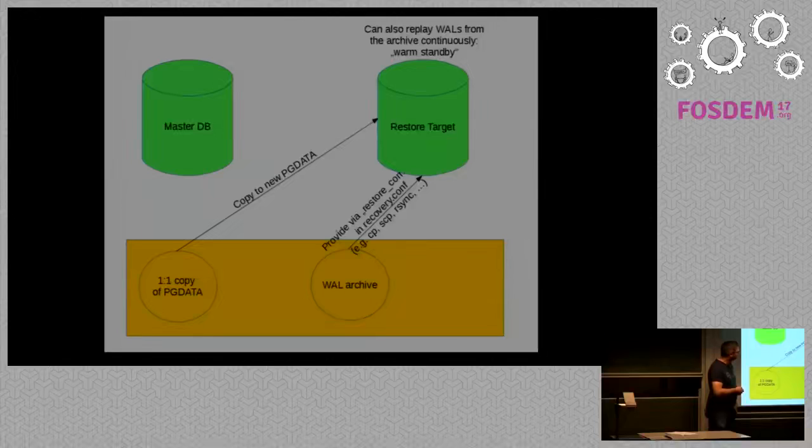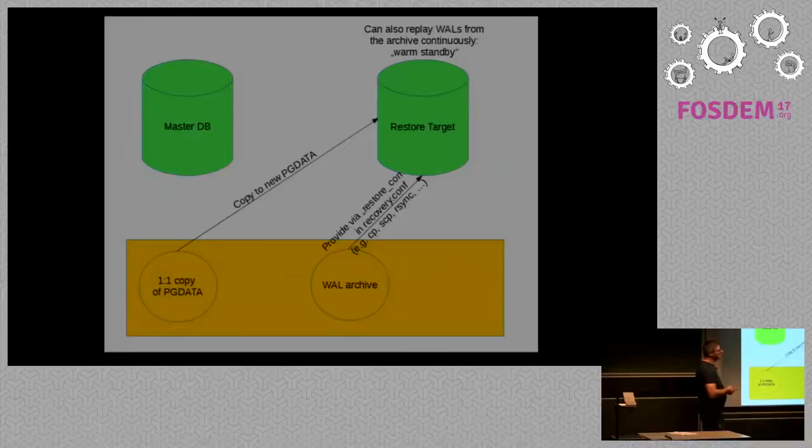So, your restore target will now not access only the single or a few WAL files down here, but you will just have a generic restore command that will fetch it from the WAL archive anyway. And you can have that running all the time. That would be a warm standby server.